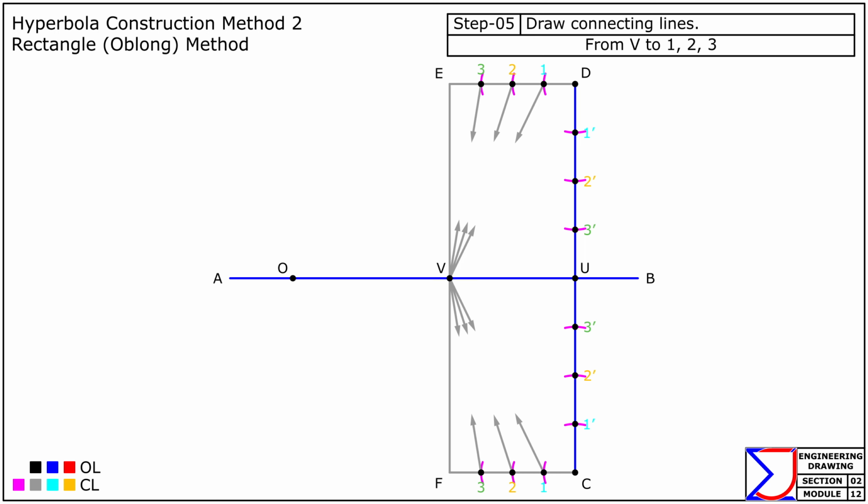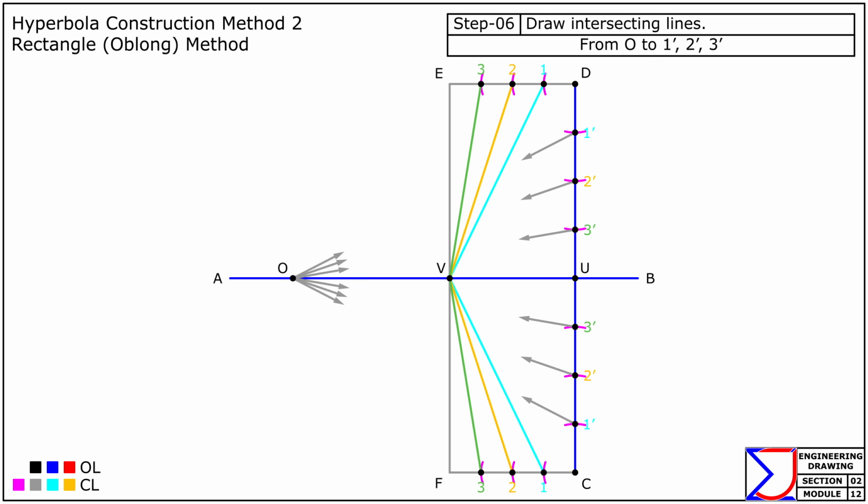After that, from point V, draw connecting lines to the marked points along the horizontal sides of the rectangle. Then, from point O, draw intersecting lines to the marked points along the vertical side of the rectangle.